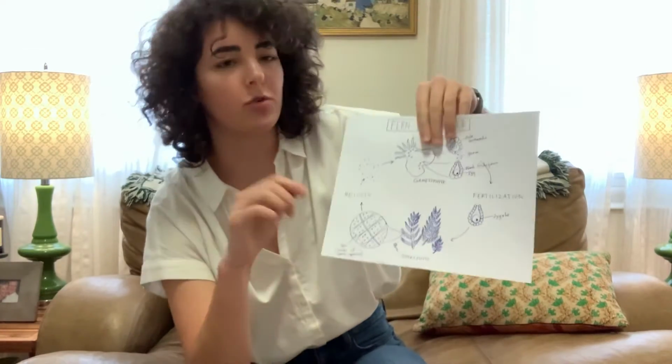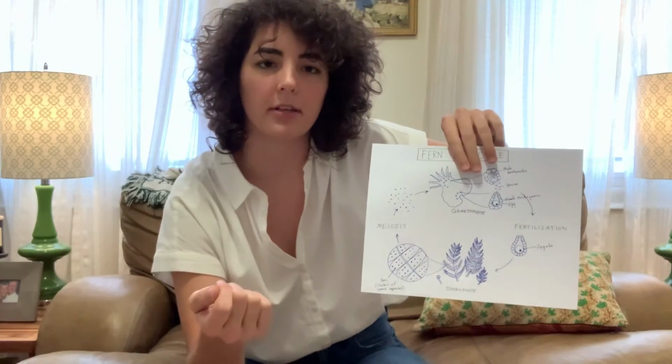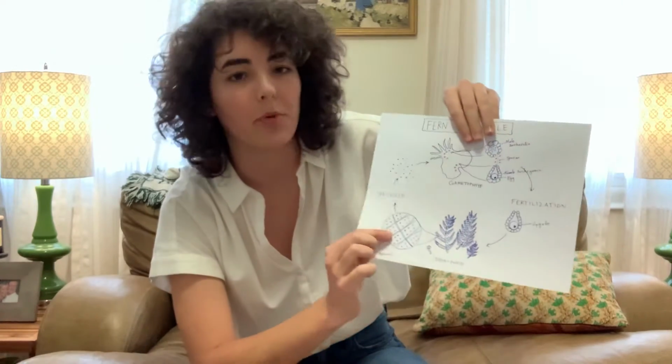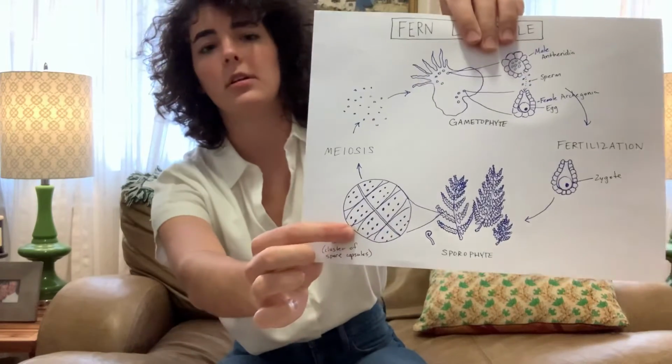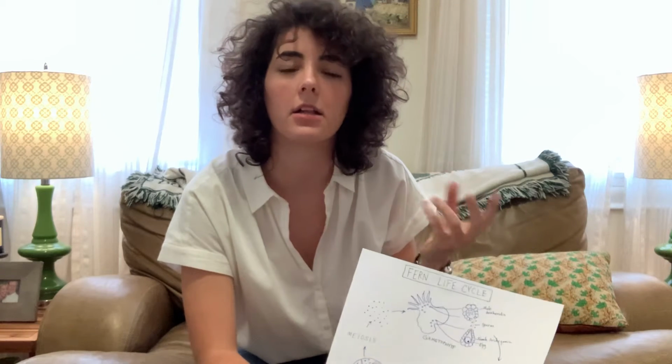And then if you turn a fern frond over, so you look at the bottom side of their leaves, oftentimes you'll see those little brown dots that cover the surface of the leaves, like that. Those are called sori, which is the plural. The individual would be sorus, and that's basically a cluster of spore capsules.